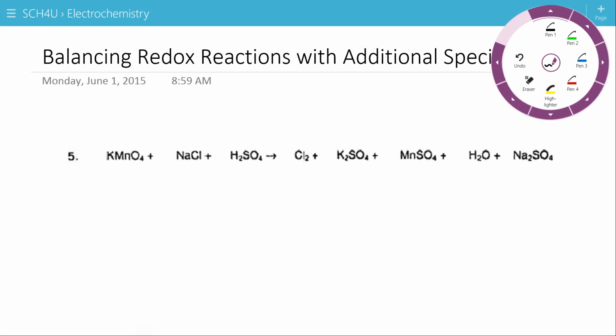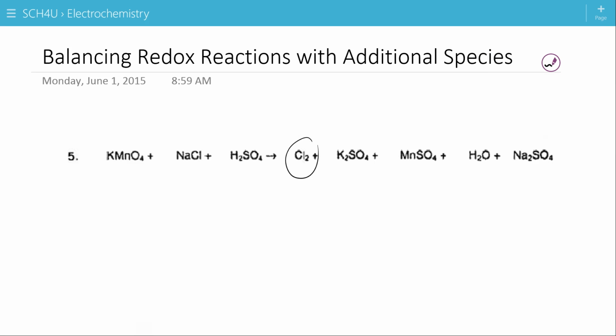Looking for not oxygen, not hydrogen, not polyatomics that stick together, mainly looking for elements in the middle of the periodic table that can be flexible and change numbers. But anything that appears as an element like this is almost for sure going to be part of it, because if it's in a compound, it has a non-zero oxidation number, and if it's an element, it has a zero oxidation number, so there's certainly going to be a change there.